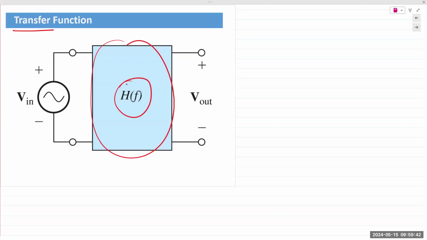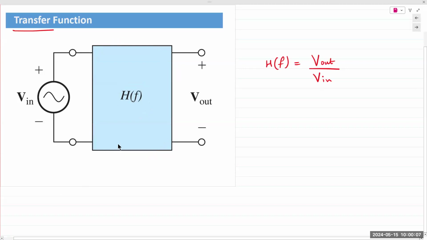Mathematically, it's simple. H of F is simply the ratio of V out over V in. That's it. Nothing else. And if you note, all of these are phasors.